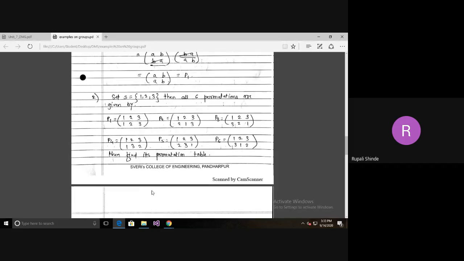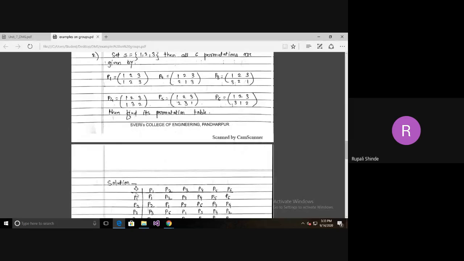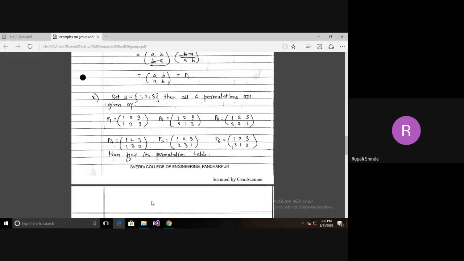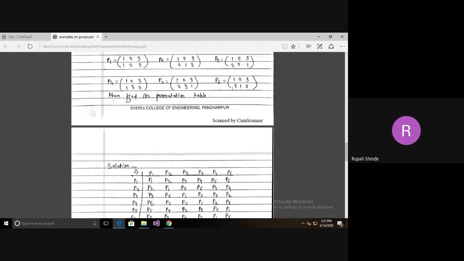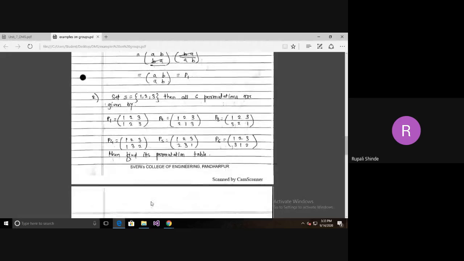At least complete the first two rows, for P1 and P2. Are you able to solve this? Yes, ma'am. Okay, so try it, and if possible try for all these values. First try to complete the first two rows, then we will see the remaining ones. Take 10 minutes and complete it.